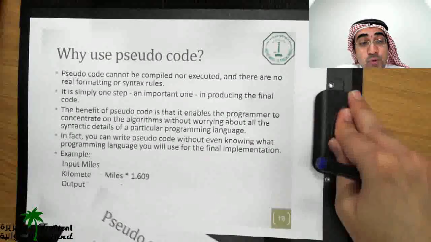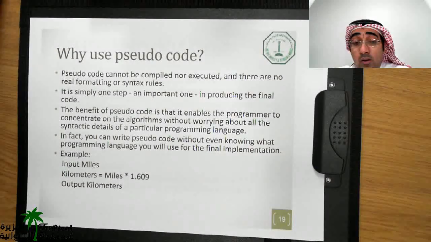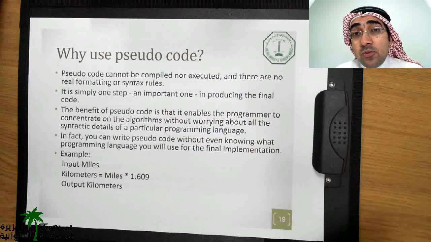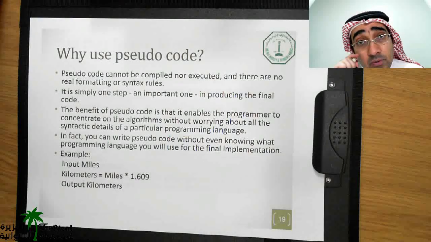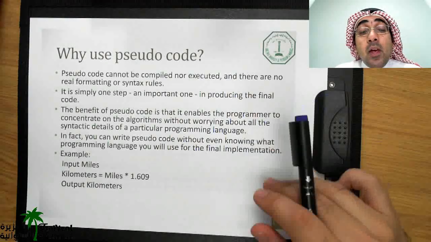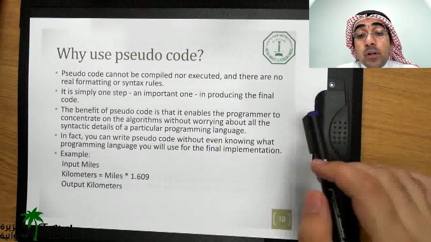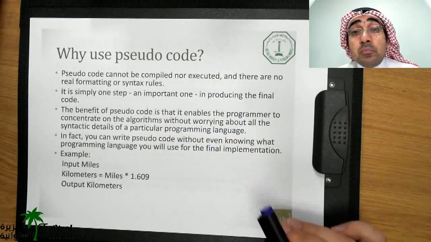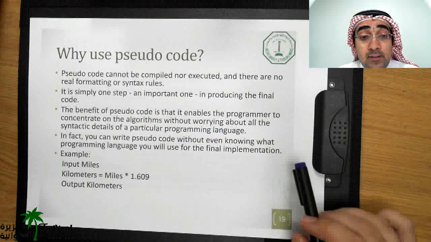Pseudocode cannot be compiled nor executed. So why do we actually write pseudocode? Suppose that in future you're developing software in a company, and they put you in a team where you are programming in C, another person is programming in Java, a third person in Perl, and a fourth in .NET.